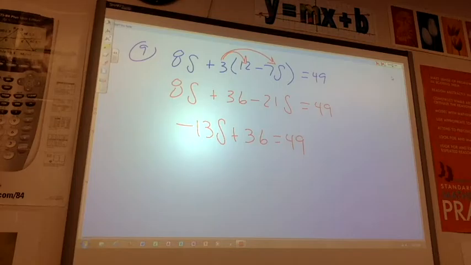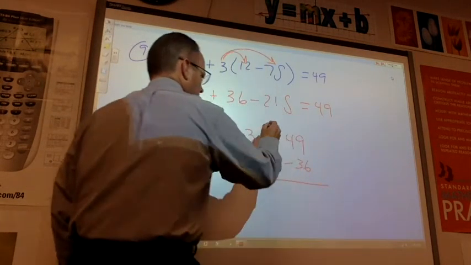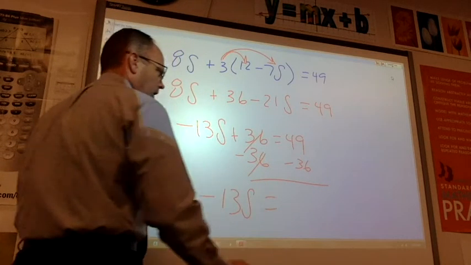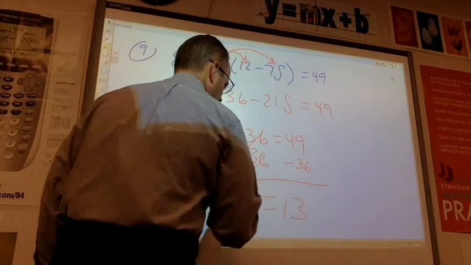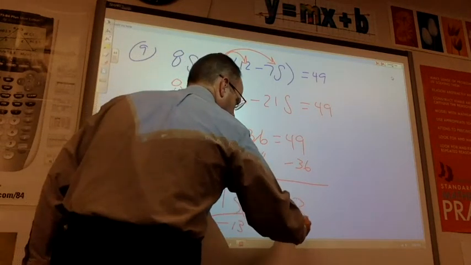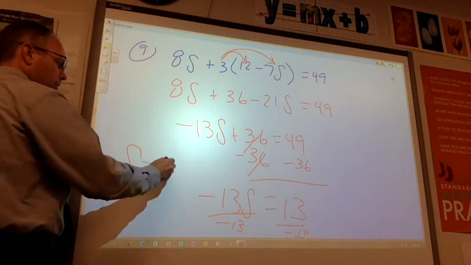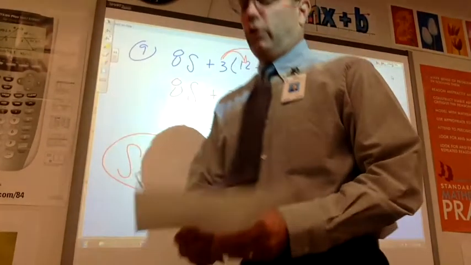Subtract 36. I'm with you. Cancels. Negative 13s equals 49 minus 36, which is 13. Divide each side by negative 13. So s is equal to what? Negative 1. Cool.